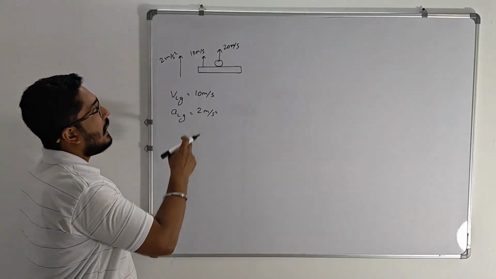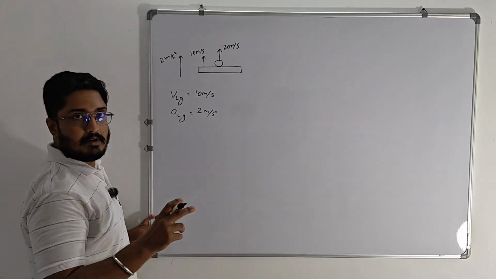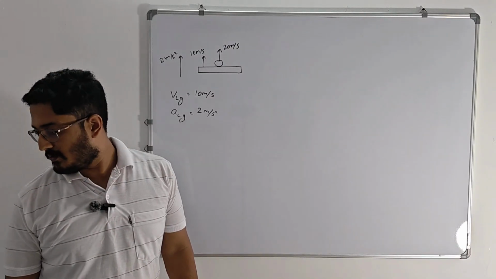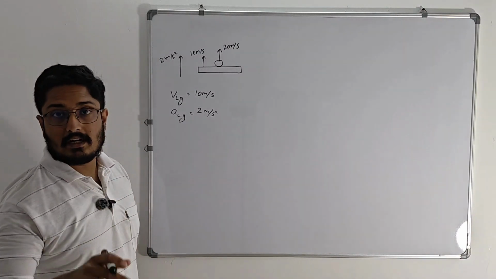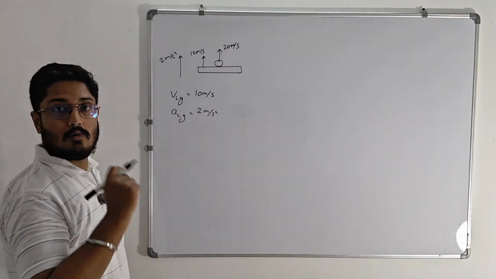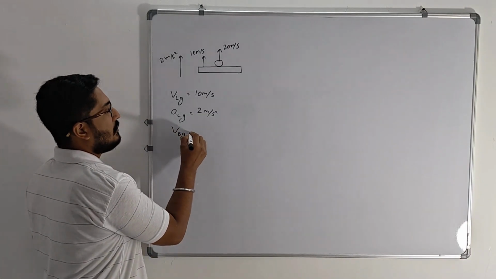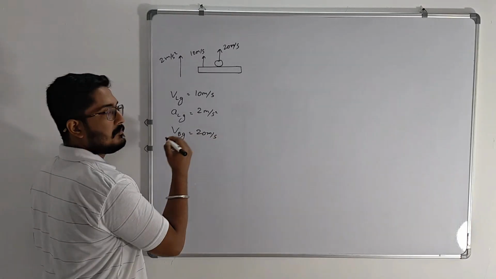Now the ball's velocity: in the question they have specifically said that the ball is projected upwards with a velocity of 20 meter per second relative to the ground. So this is the velocity of the ball with respect to the ground.